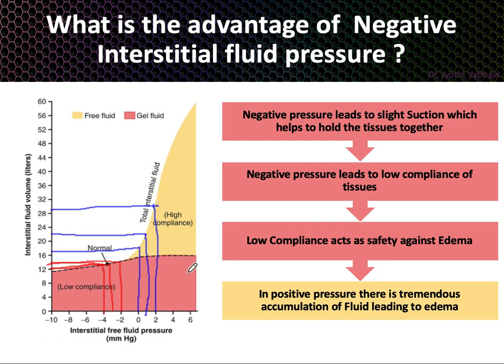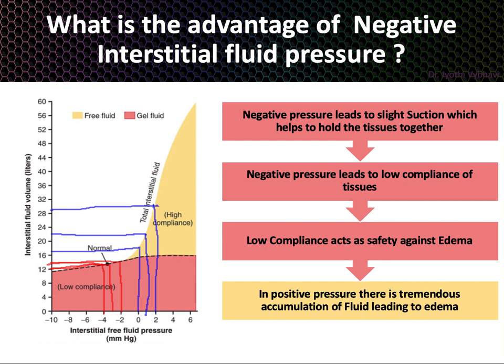If the interstitial fluid pressure was positive, it would have been a high compliance tissue and it would hold on to a lot of fluid. Because interstitial fluid pressure is negative, it is low compliant, and that's why there is very little volume change. How wonderful nature is. It has thought about it, and the negative pressure makes the interstitium a low compliant tissue.